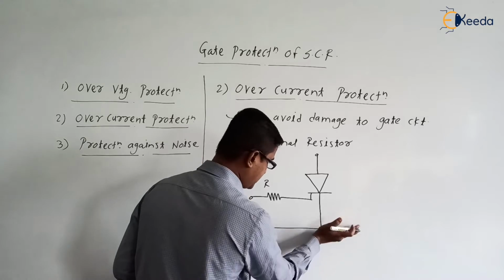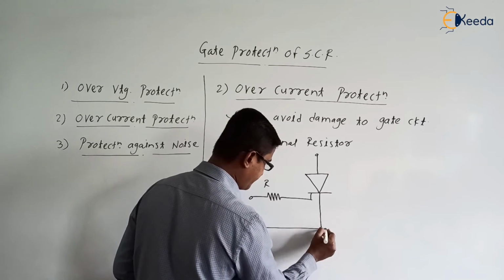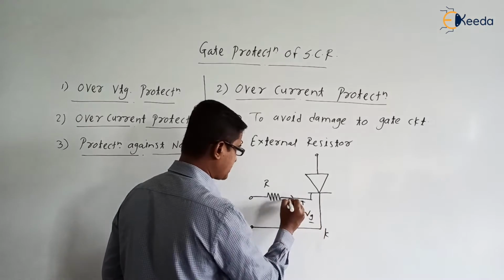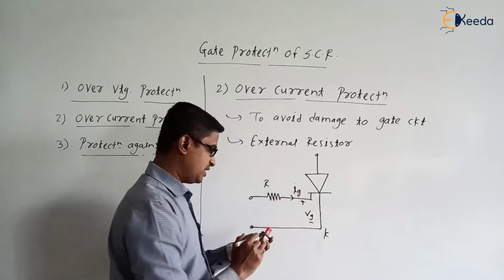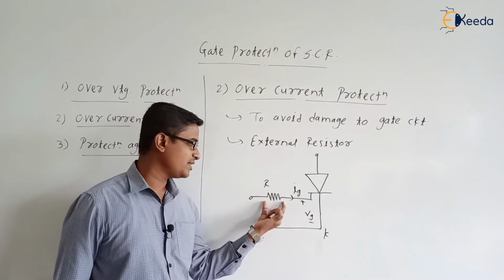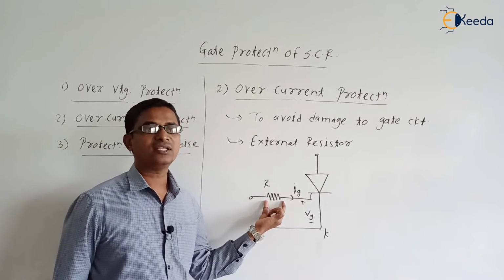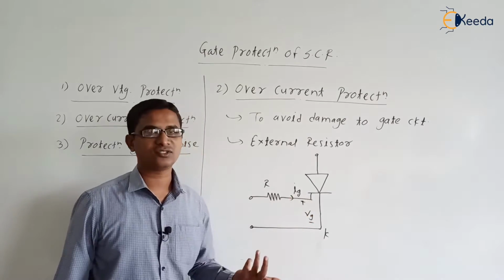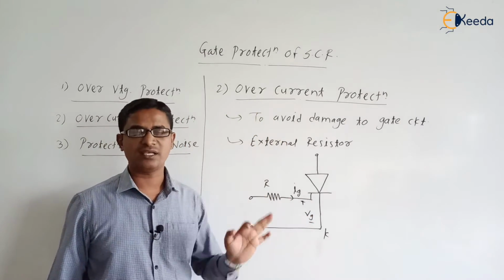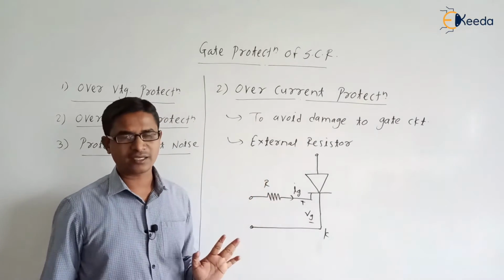This is the cathode of the SCR, this voltage is VG and this current is IG. In this branch we need to connect the external resistor. If the resistor value increases, definitely the gate current decreases. In this way we can protect the gate cathode circuitry against overcurrent.